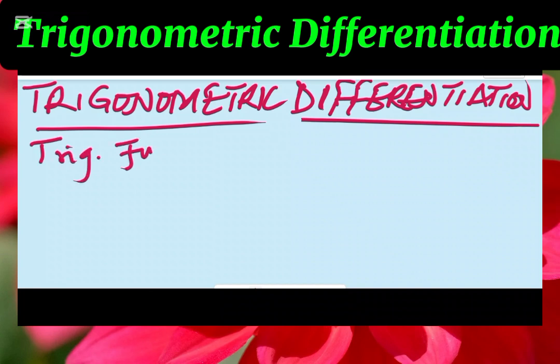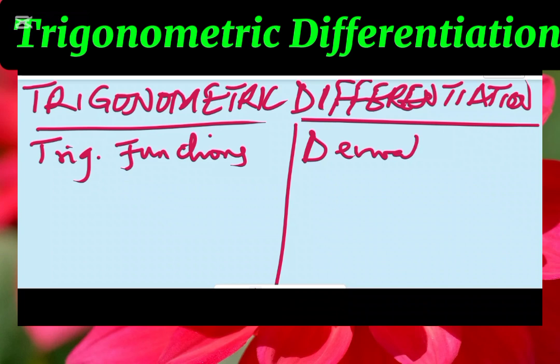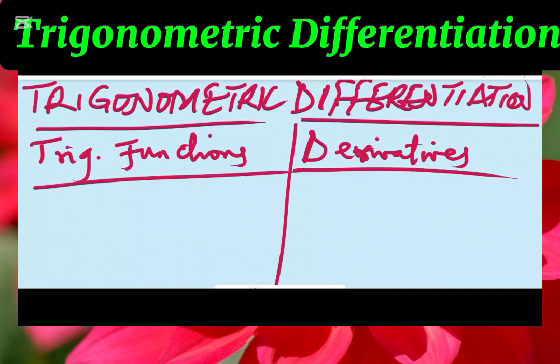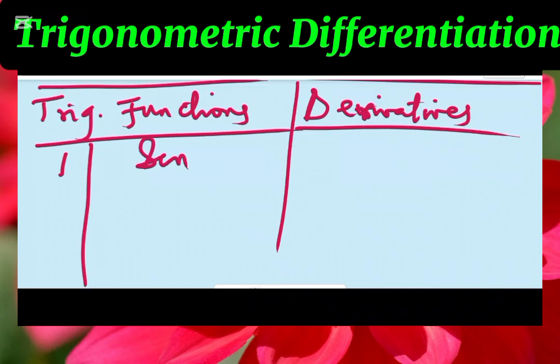Trig functions, derivatives. This is short form of trigonometric. Number 1, sin x. The derivative of sin x is cos x.